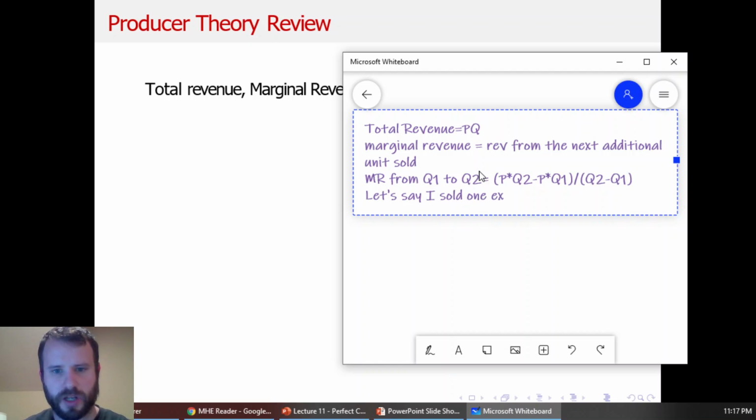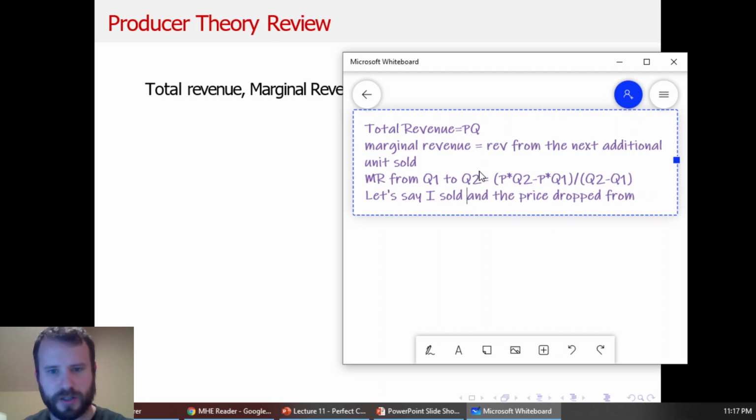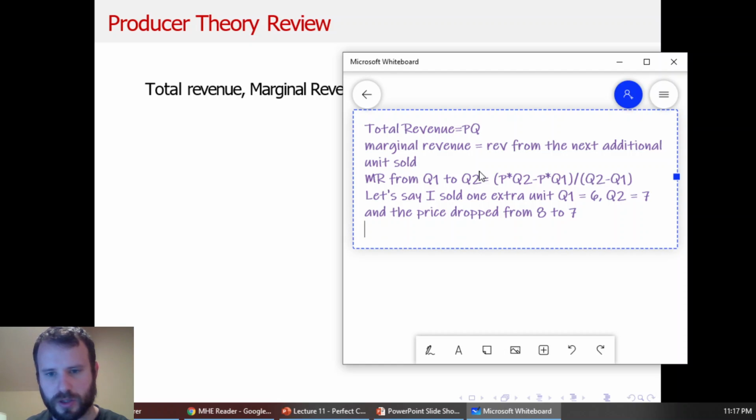Let's say I sold one extra unit. Old Q1 equals 6, so therefore Q2 is going to equal 7, the next unit, and price dropped from 8 to 7. So my marginal revenue is equal to the change in total revenue.